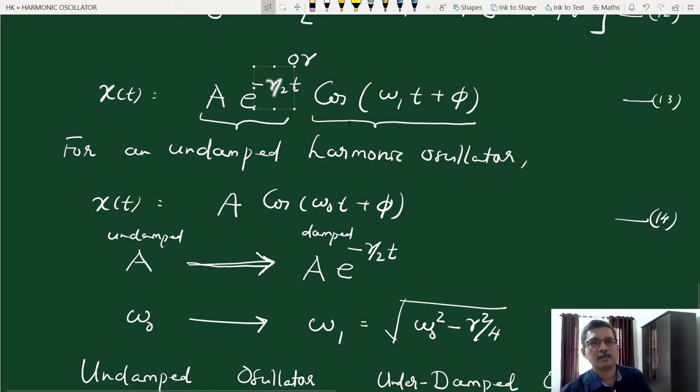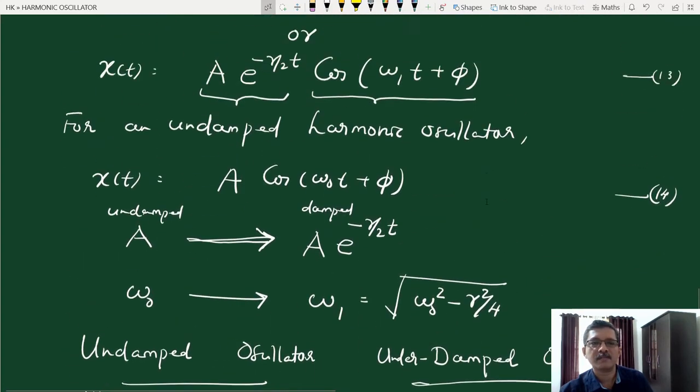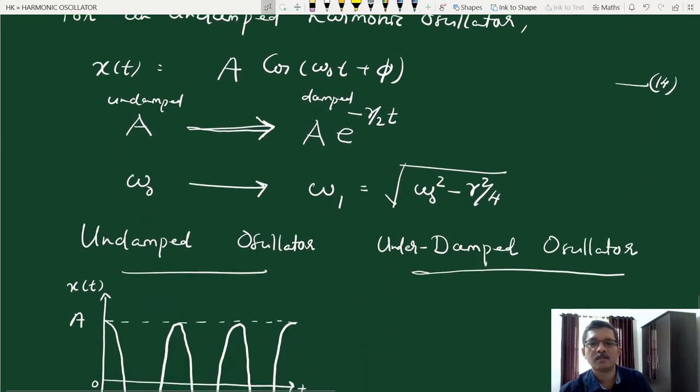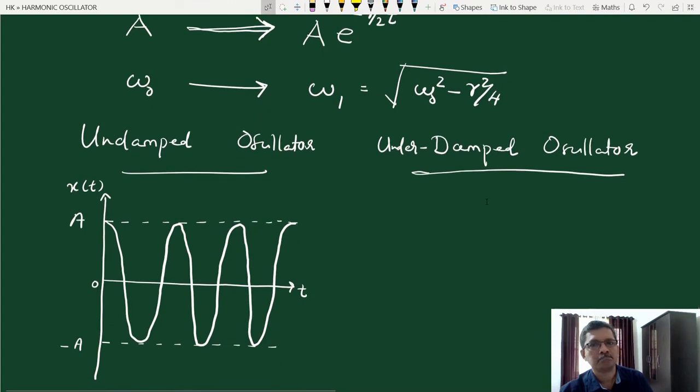Now, there can be two situations: the lightly damped case and the heavily damped case. The point is how gamma square by 4 and omega 0 are related. Already we have seen that for an underdamped case, gamma square by 4 is less than omega 0 square.